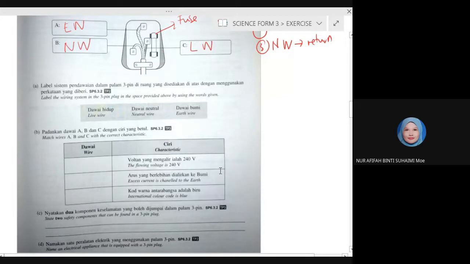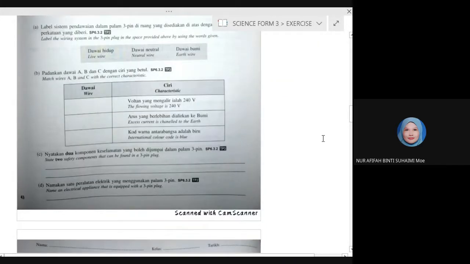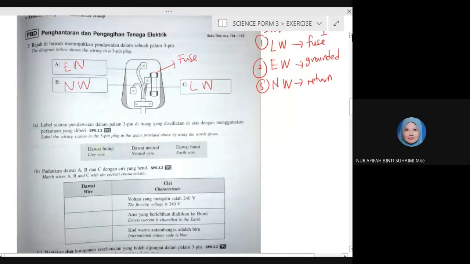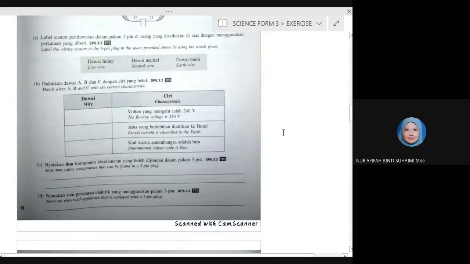Which one was it just now? That brings in 240 volts. Okay, it is live wire. Okay, live wire. Excess current is channeled to the earth. Okay, earth wire. And then international color code is blue, is neutral wire. Easy, right?